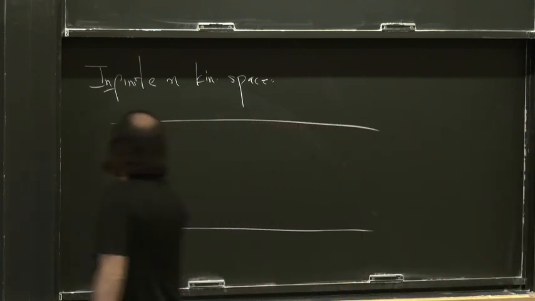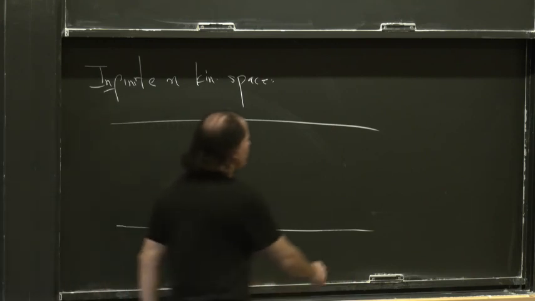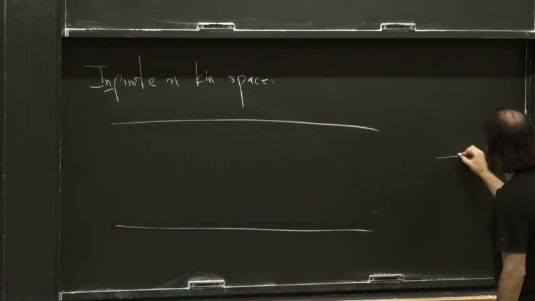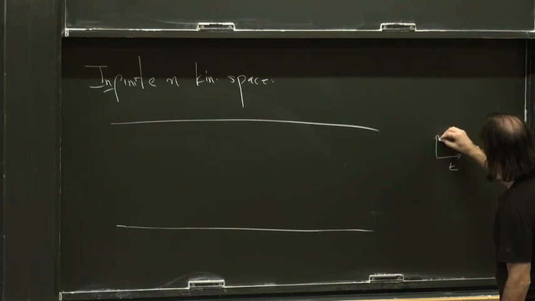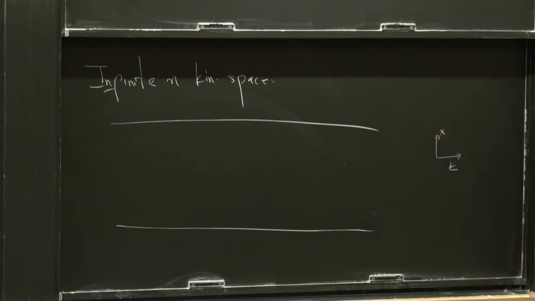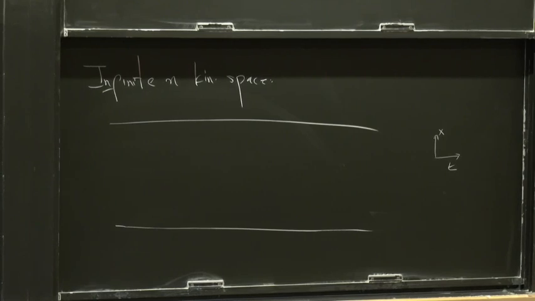I'm going to call this direction t and this direction x. Later we'll interpret these as time and space in some auxiliary sense. This isn't kinematic space, not space-time. This is some funny kinematic space, but just for now.